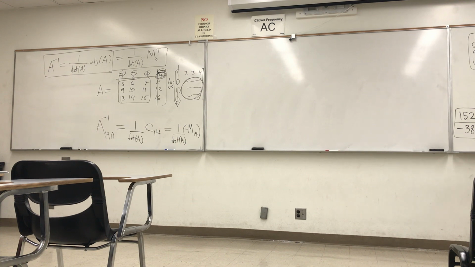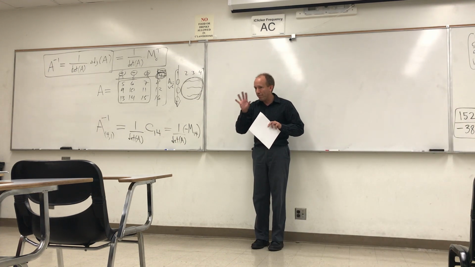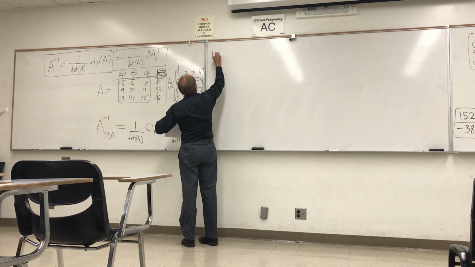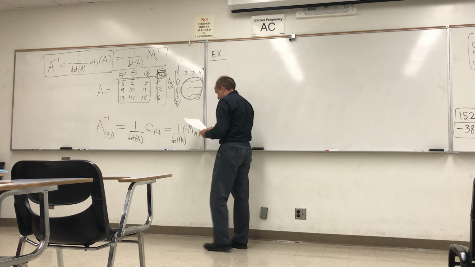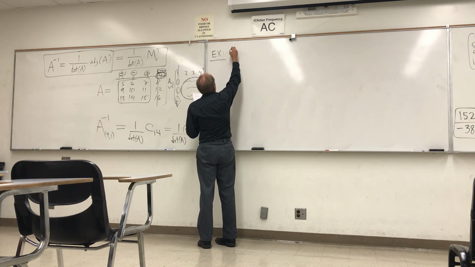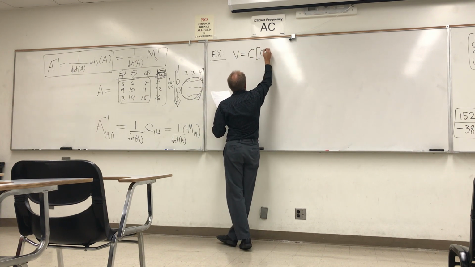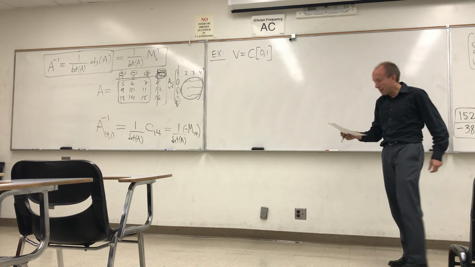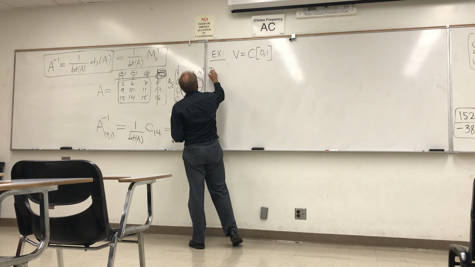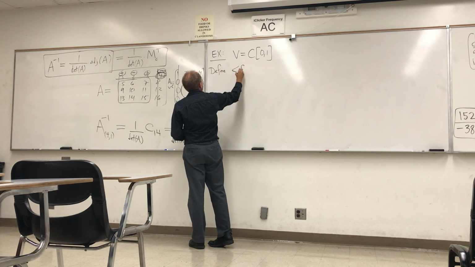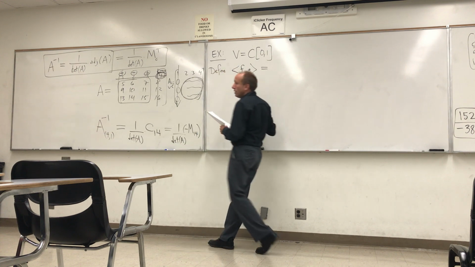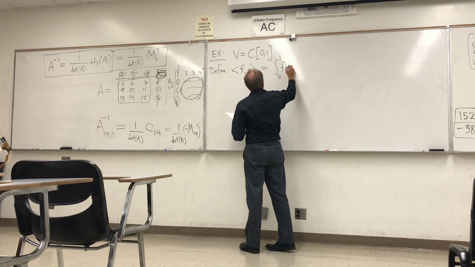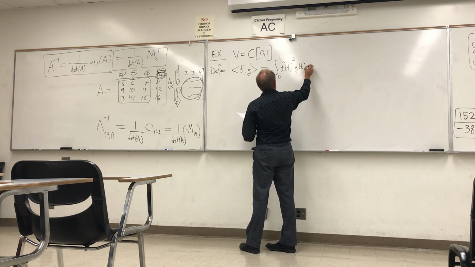So yeah, let me just remind you guys real quick about some things from chapter 5, because it's been a while. So let's do another example. I'm going to take V to be, this is also not from the review session questions, C of 0, 1, and I'm going to define the inner product of f and g to be the integral from 0 to 1 of f of t squared times g of t dt.